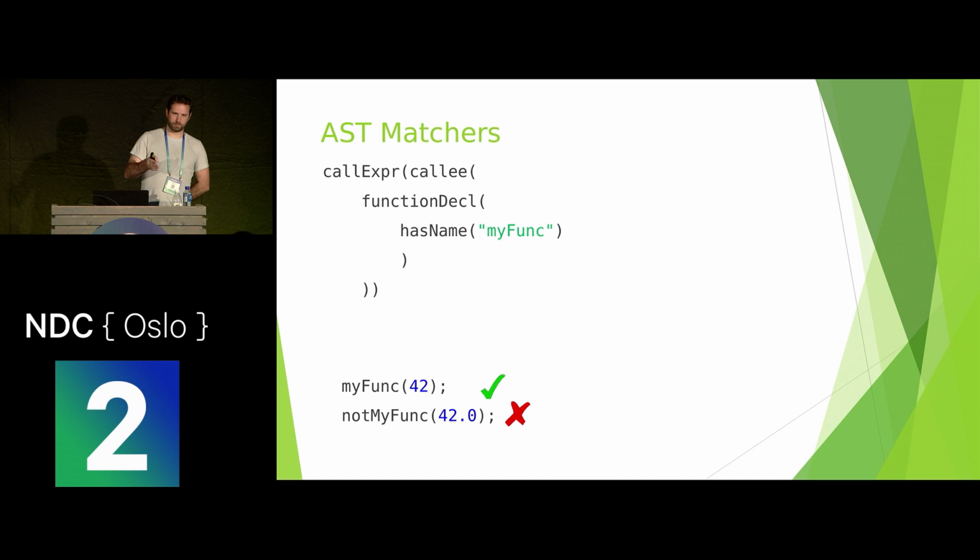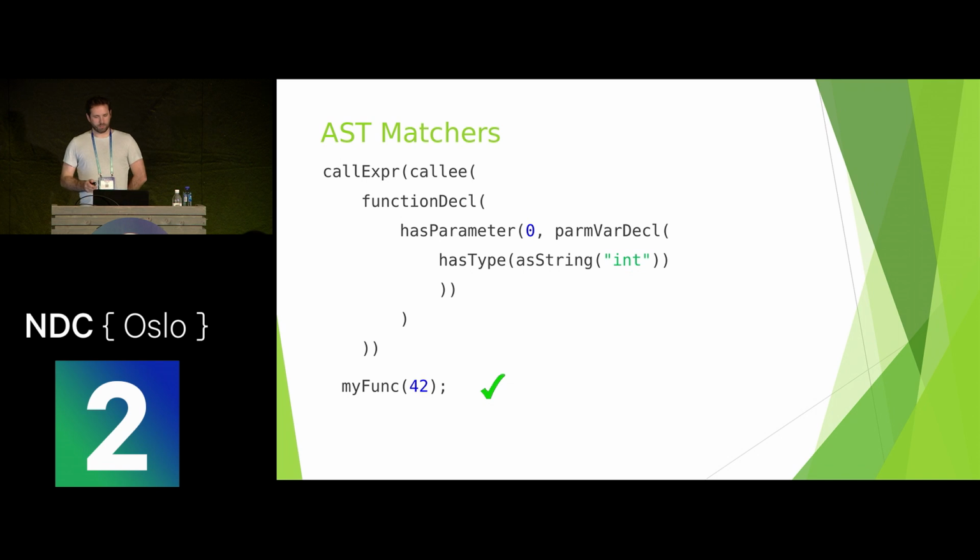What you need to understand from this slide is just that if we need to port our function calls, which obviously you're going to have to do, you use the callee matcher to get to the function decl, and then you can do everything that we saw in the previous slides. You could check the return type of the function decl, or the parameters, etc. So in this case, I'm matching myfunc42, but I'm not matching notmyfunc42.